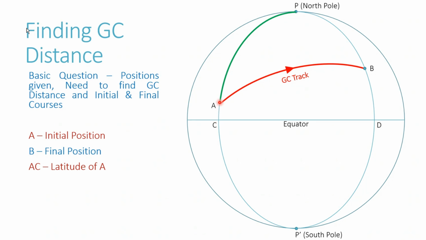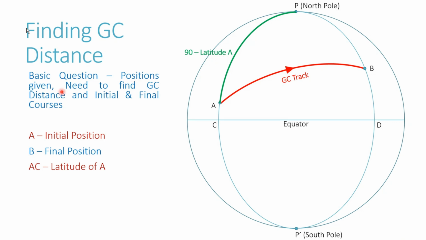We have just seen that AC, Alpha to Charlie, is equal to the latitude of the initial position. So this tells us that the arc Papa Alpha, which is marked in green now in the plot, will be equal to 90 minus latitude of A. This is also known as the co-lat of A or complementary latitude of A.